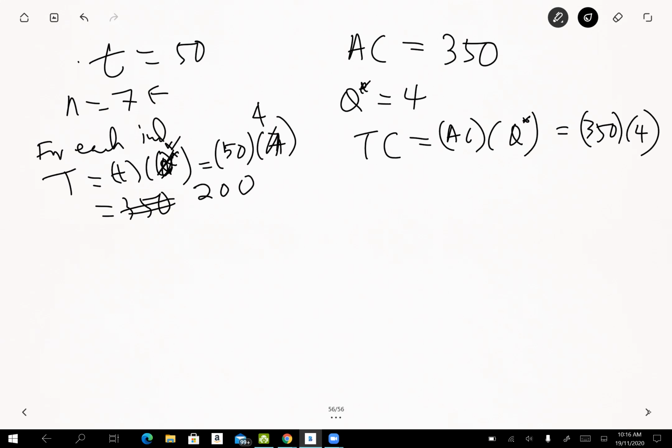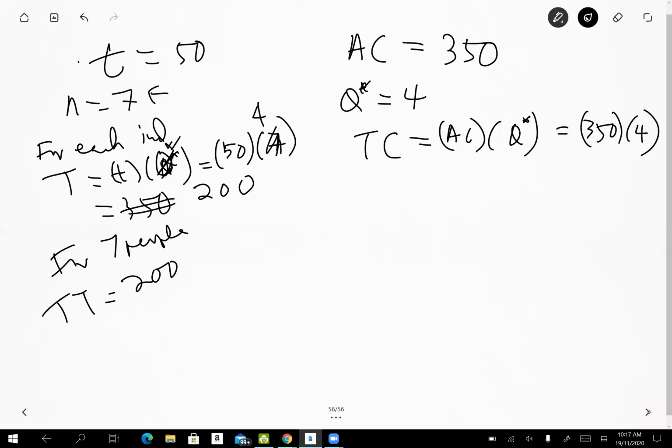Now there are n people, there are 7. So for 7 people, the total tax revenue will be equal to 200 multiplied by 7.